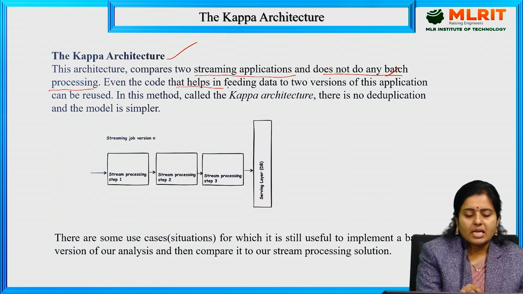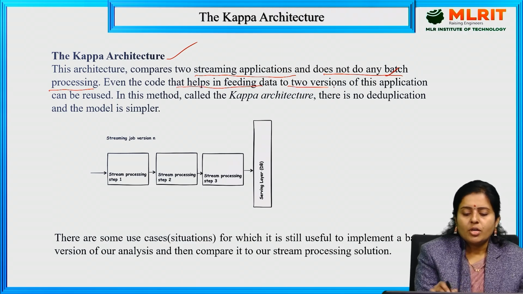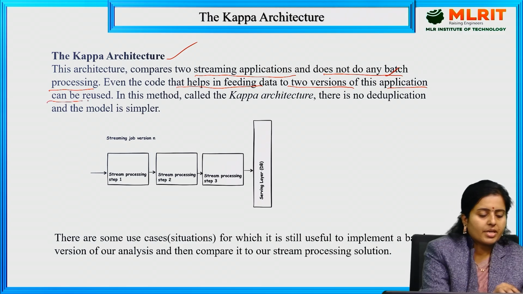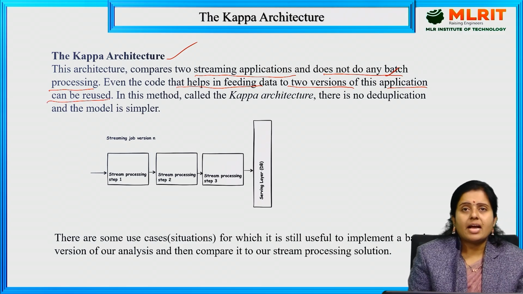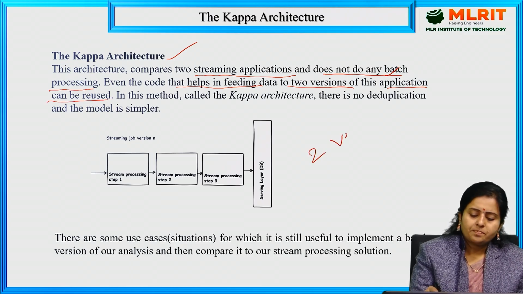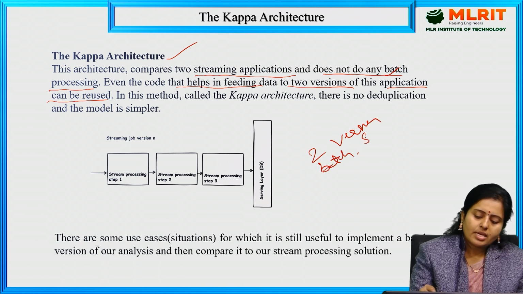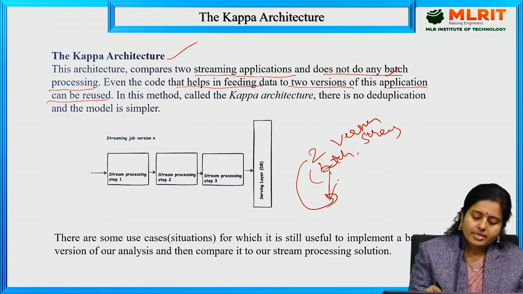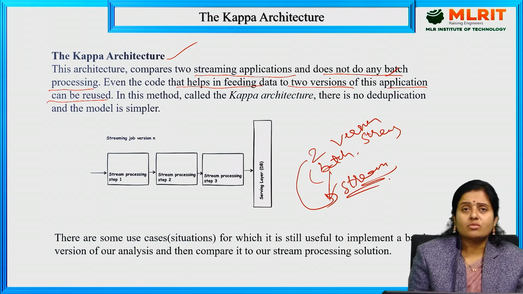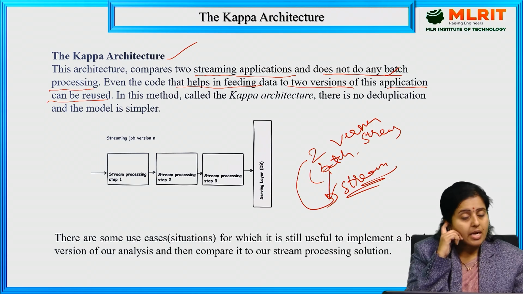Even the code that helps in feeding data to two versions of the application can be reused. Even though the data comes in two forms, let us take batch as well as stream, that batch data is converted into a stream only. That is the beauty of this Kappa architecture.